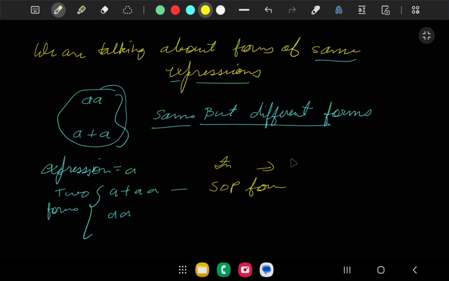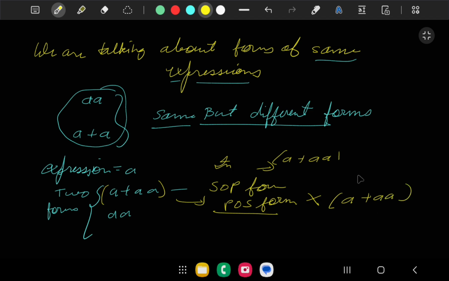This is sum of products. Is this in POS form? No. Why? Because this is not a sum term.